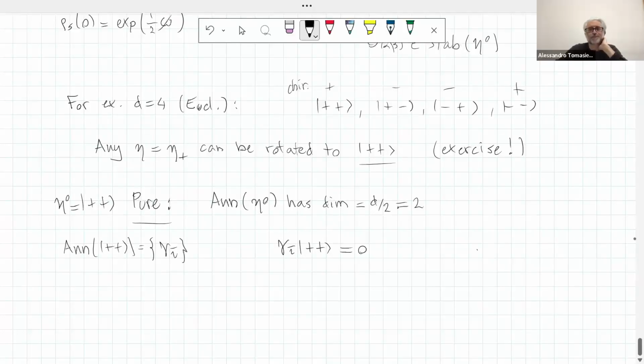Well, you may remember that in this creator-annihilator basis, first of all, we were thinking of plus as 1, 0. And so the gamma I bar was made of creators.